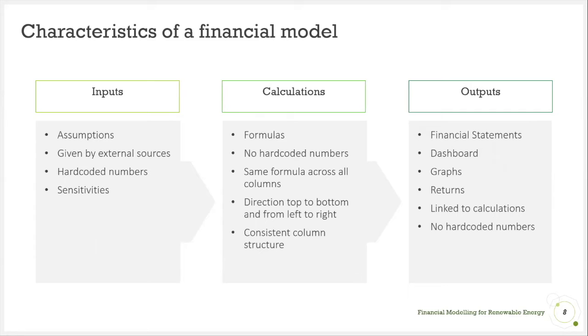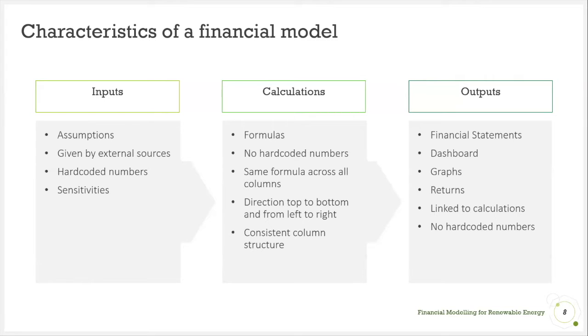This section will have all the hard-coded numbers, and from the input section, we can also run what are called sensitivities, that we will look at, I think, tomorrow. Okay, so the important thing is that all the hard-coded numbers need to be only in the input section. So you will not find a hard-coded number in the calculations or in the outputs.